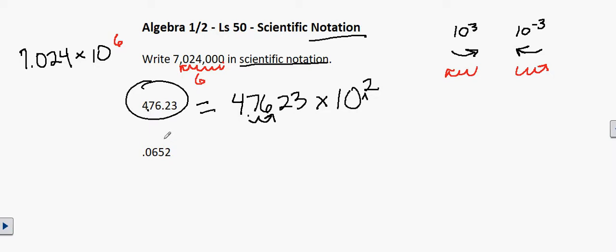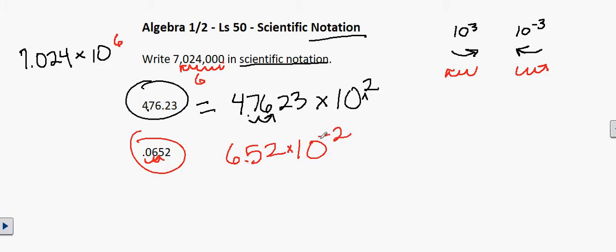Now let's deal with numbers that are really small. If we show this in scientific notation, we start by showing it as a number between 1 and 10. How many times did I move the decimal point? 1, 2. Did I move it to the right or left? To the right, which means we're going to use 10 to the second, this time to the negative second, meaning that the decimal point really belongs 2 spots to the left of where it's being shown in scientific notation.